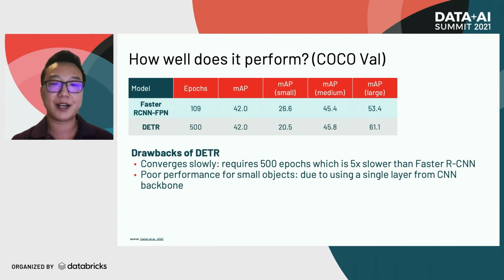We require 500 epochs to reach the same performance as Faster R-CNN. Additionally, it has poor performance on small objects, and this is attributable to using a single layer from the CNN backbone. If you take a single layer, we just get one resolution of features, and we'll talk about how to improve upon that with follow-up work next.